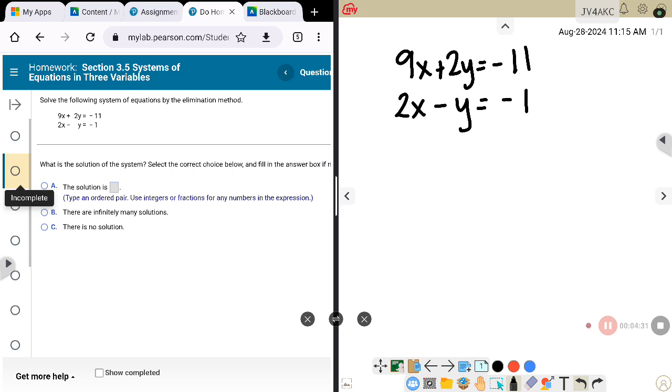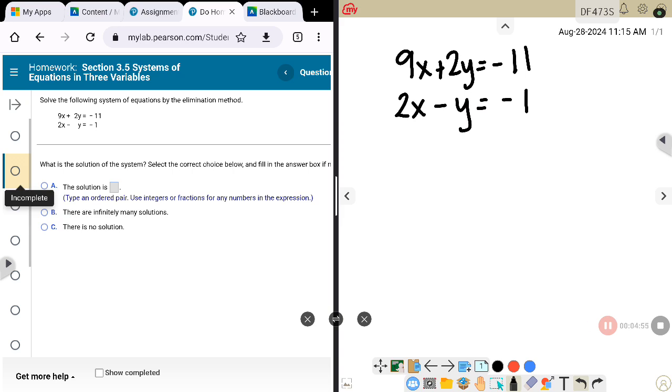So what I need to do, we're going to use the rule that says you can do absolutely anything you want to an equation as long as you do it to both sides. So when I am looking at these equations, what I want to do is multiply one of them by a number that will help me eliminate the x's or the y's.